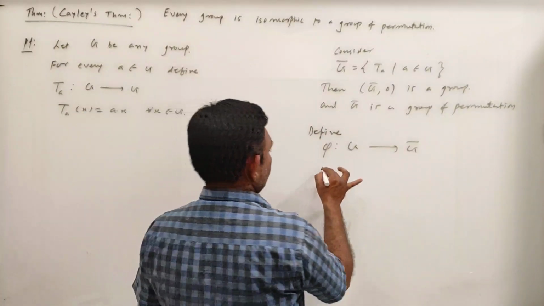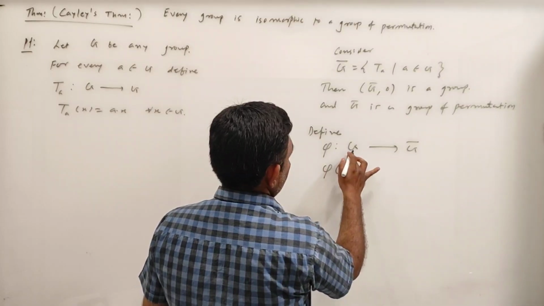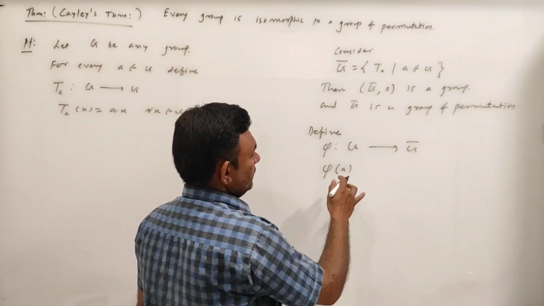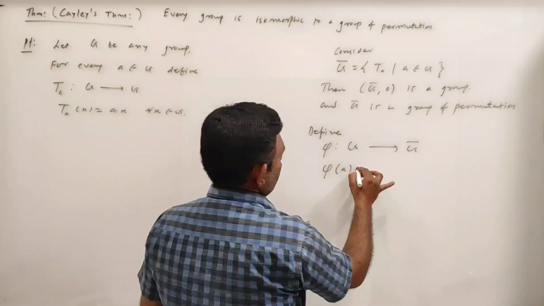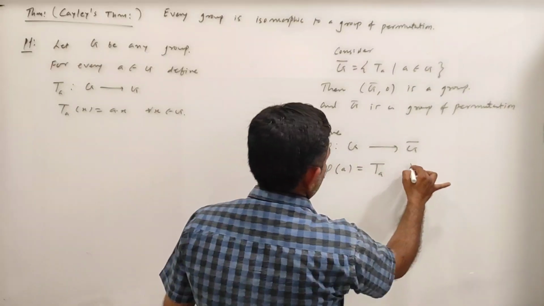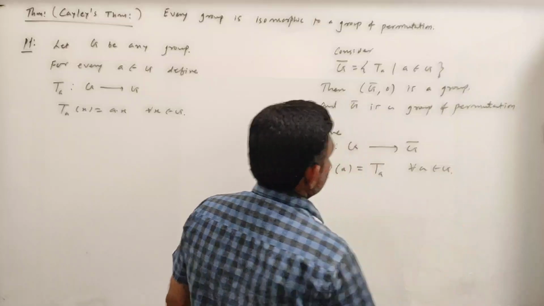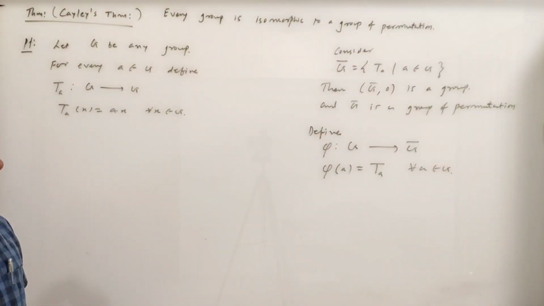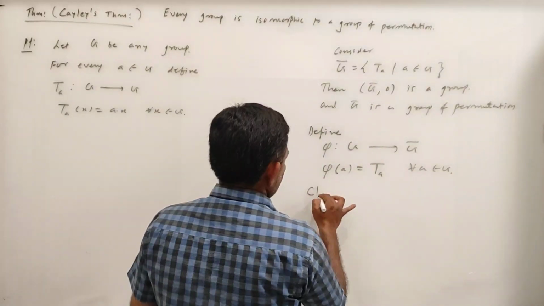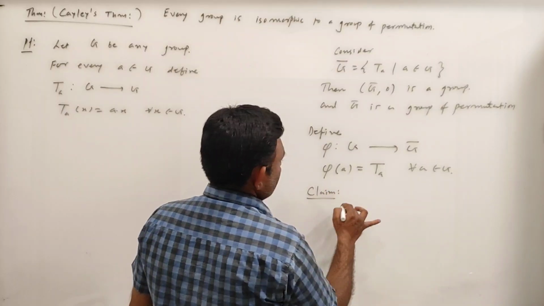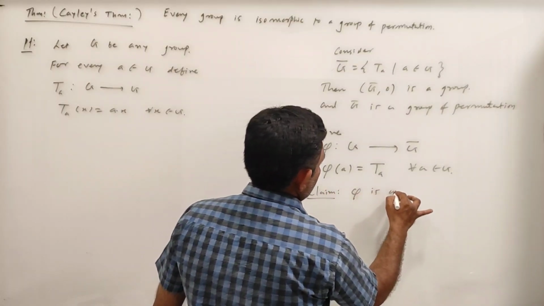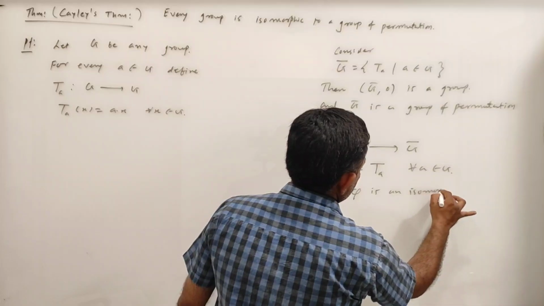In this way, phi of A, you take any element from G, then it is TA for all A belongs to G. So now my claim is what? Claim is phi is an isomorphism.